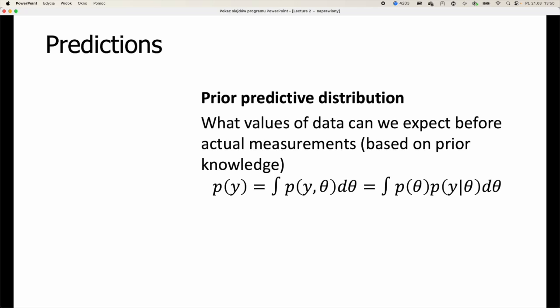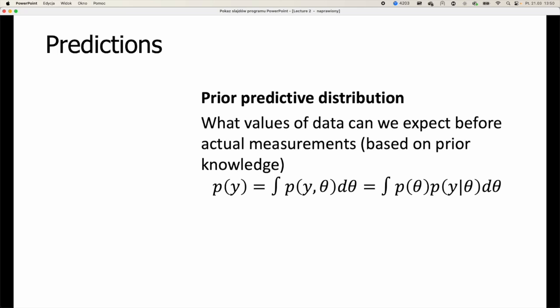Some crucial Bayesian concepts that we will be using over the entire semester, and you will be using in your project, etc. First of all, the prior predictive distribution. In Bayesian statistics, using our proposed structure of prior and likelihood, we can determine what kind of data we can expect.